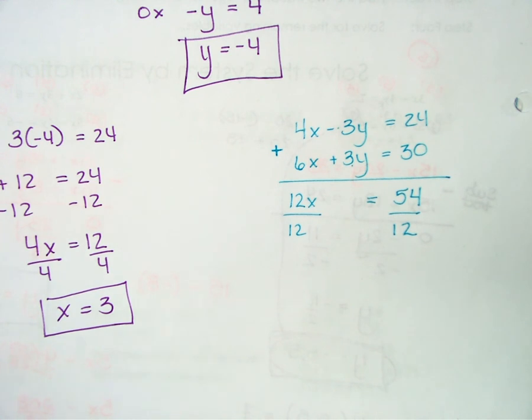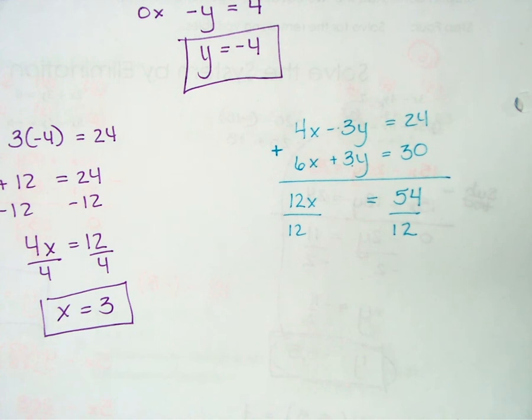One second. That's not right because that's not 3. Wait, 24 subtracted by 3 equals... I'm not subtracting though, bud. I'm adding. We don't always subtract. So when the signs are the same, we subtract.